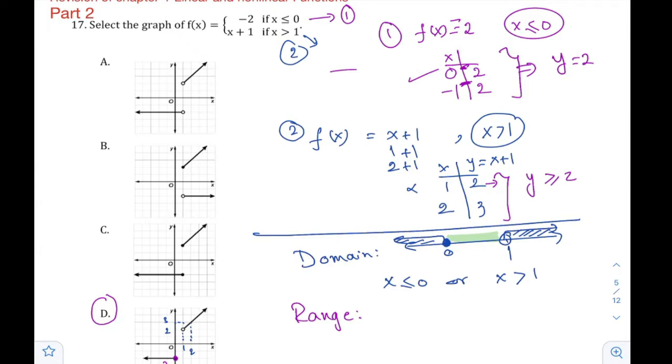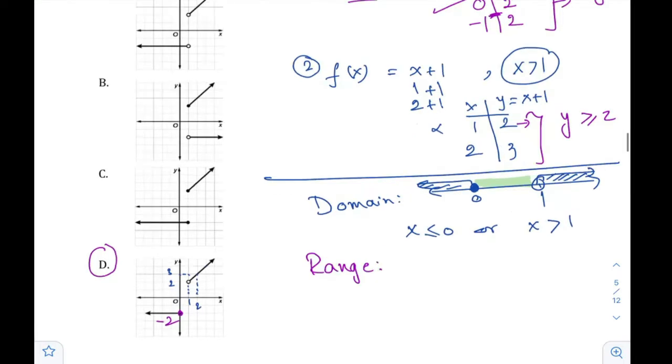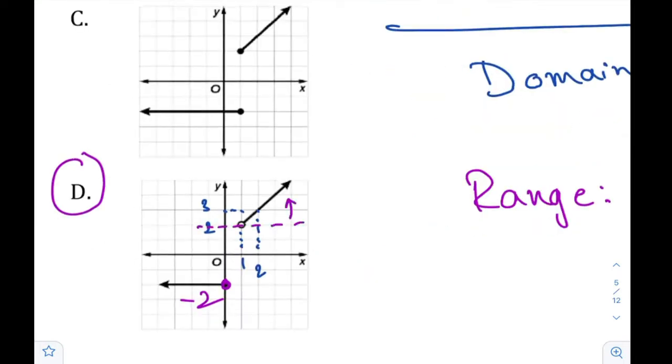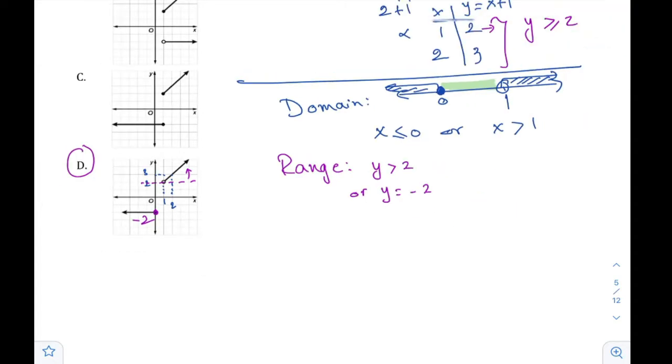And it is shown here in the definition, 2 and above have been used here. So that means my range here is y more than 2 or y is equal to 2. We have 2 parts of my range. Okay, let's move on.